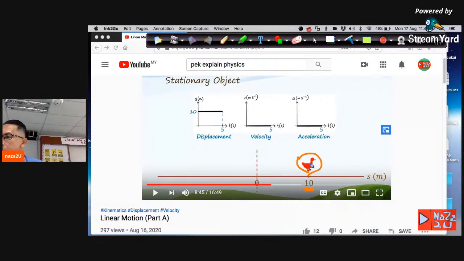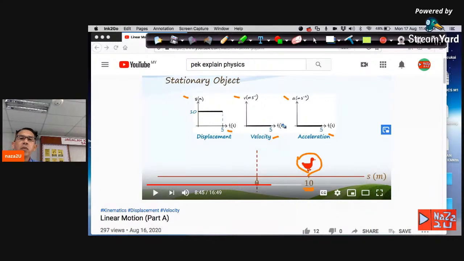So 10 meters, and this is the graph S versus T. S is displacement, T is time, and this is graph V versus T, velocity versus time, and this is the graph of acceleration versus time.